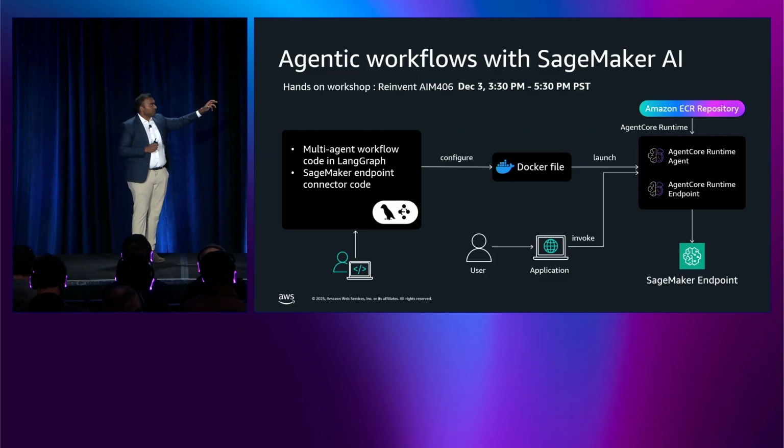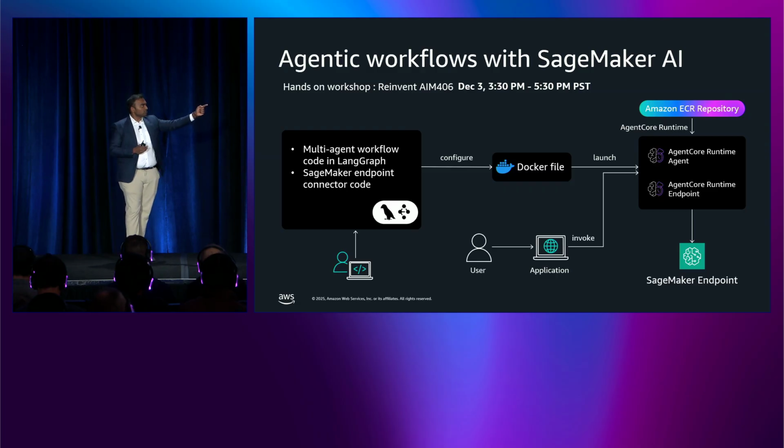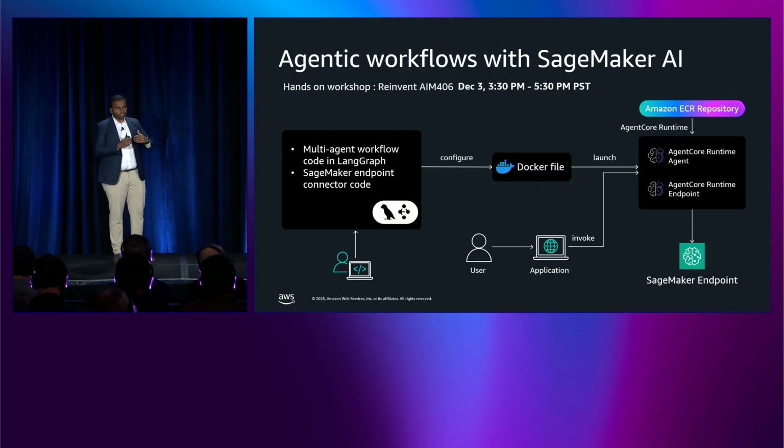Once you deploy the container, it becomes available in a healthy state. Your applications can start connecting to the Agent Core Runtime to invoke an agentic workflow, and the LangGraph code that you have will connect to the SageMaker endpoint to give you responses.